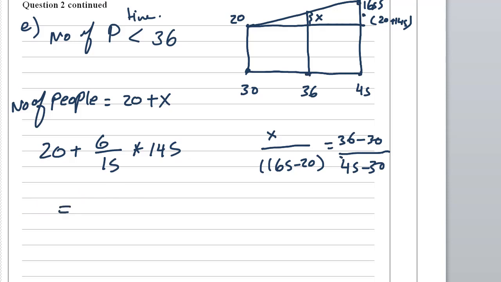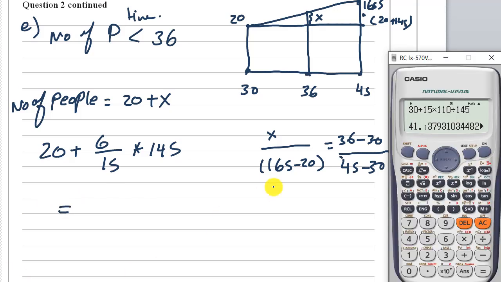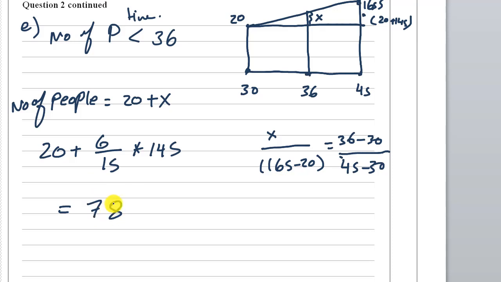So it is equal to, let us find this value, 20 plus 6 divided by 15 multiplied by 145, which is 78. So this is the number of people with time less than 36.